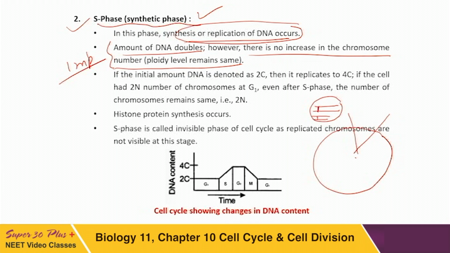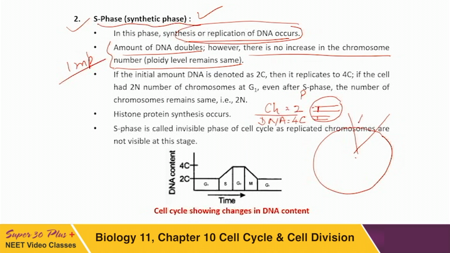Let the number of chromosomes here be 2. Let each chromatid have 1C amount of DNA. So in this parent cell, the total amount of DNA will be 4C. Is it clear? This is the parent cell. How many chromosomes? 2. DNA 4C.